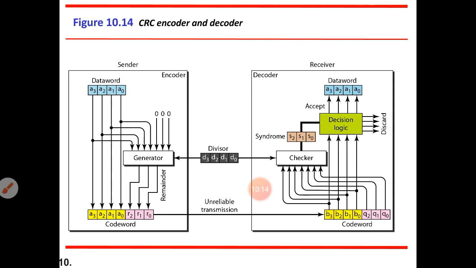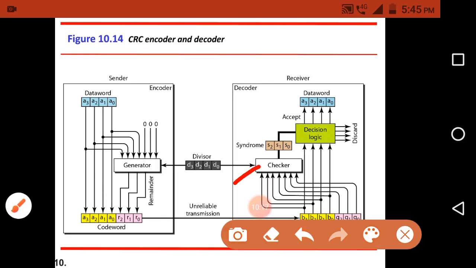The checker at the receiver side takes the whole 7-bit code word and performs the division operation on it by using the divisor which is used at the encoder side.